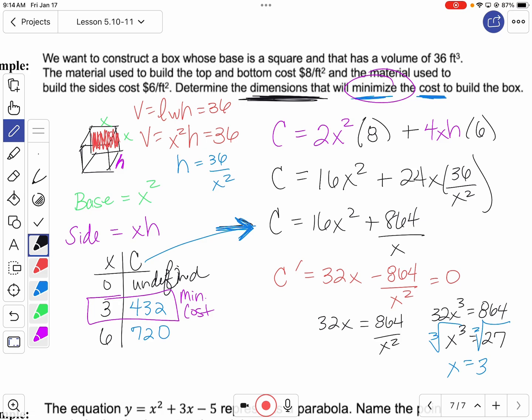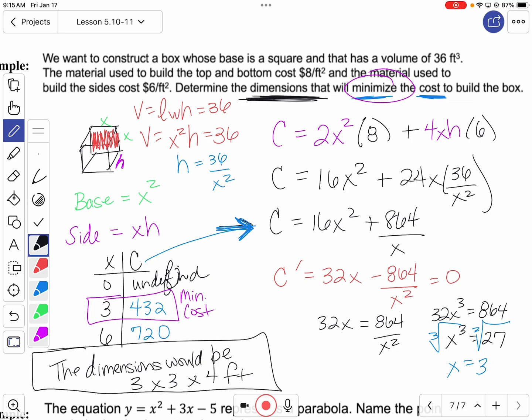We found x. If I plug it back into my volume formula, x is going to be 3 by 3. And then to get my height, I'd take 36 and divide it by 3 squared, which would give me 4. And we're talking about feet. Right here, I use this height equals 36 divided by x squared.